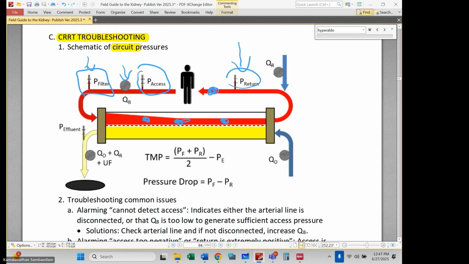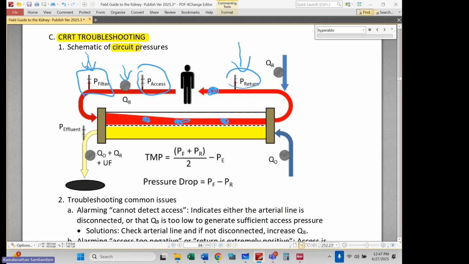And so I need to get the catheter alteplased or replaced. If, on the other hand, I have high filter pressures but my return pressure is normal, then that's clotting within the filter. I'm thinking about heparin and citrate.